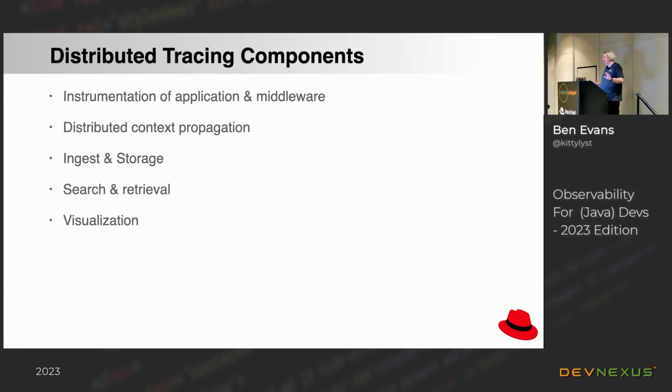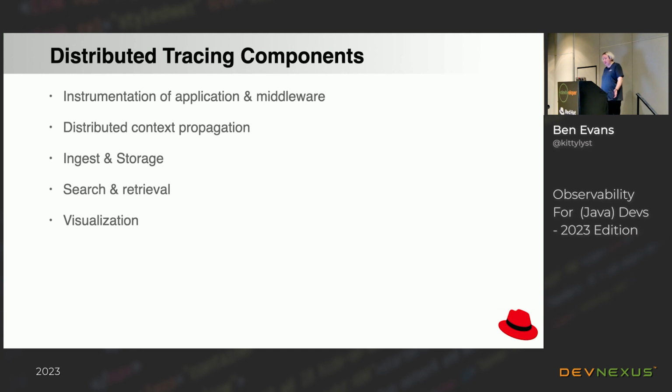It can be done for other things, but for the sake of argument, we'll assume it's HTTP. So the natural way to do that is with headers. And you probably don't want to do this in your application code. You probably want to have Tomcat or something else, whatever your application containers are, do this automatically. So when we talk about the instrumentation of middleware, when we talk about distributed context propagation, that's what we mean. How do I get those identifiers from place to place to allow me to reconstruct the trace later?